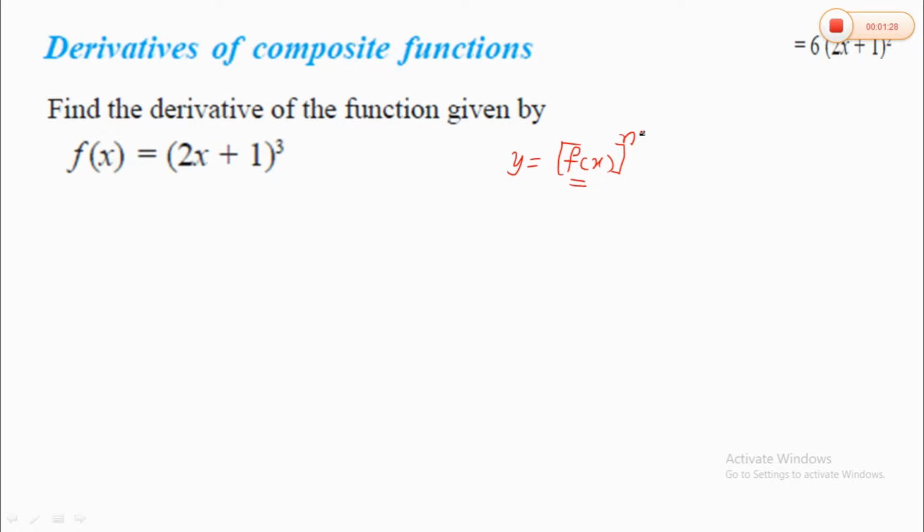So first consider this as x^n, that is dy/dx is equal to n (f(x))^(n-1), and it is of the form x^n. Then differentiate, find the derivative of f(x), that is d/dx of f(x).